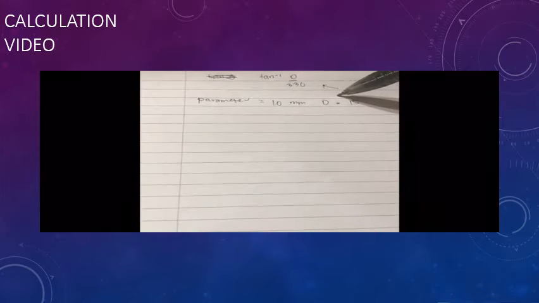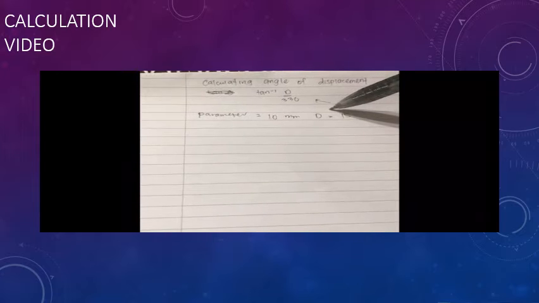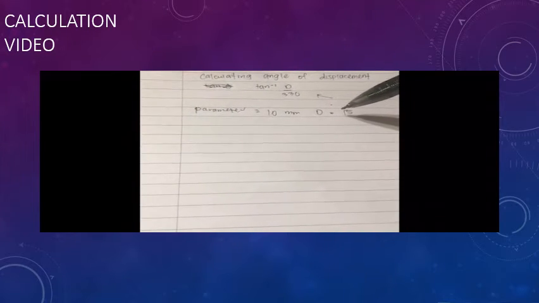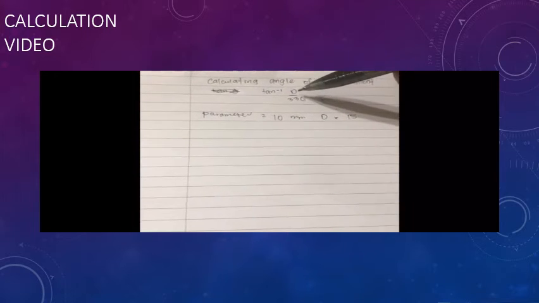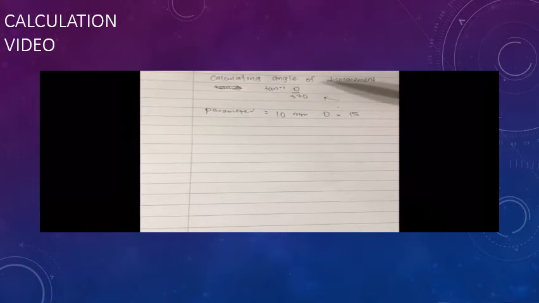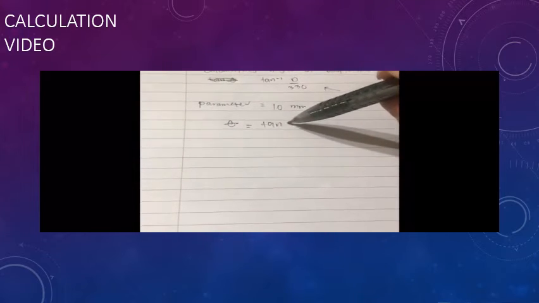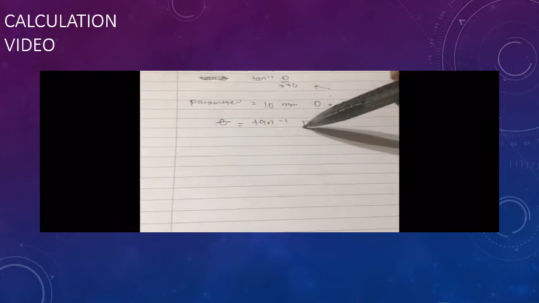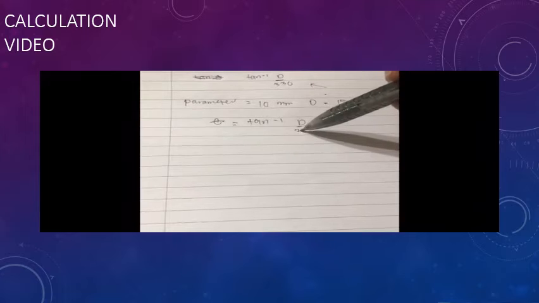The D is already given, and I use data set 2 for this calculation. So we just substitute the value of D into the formula, which means theta equals tan inverse of D over 330.